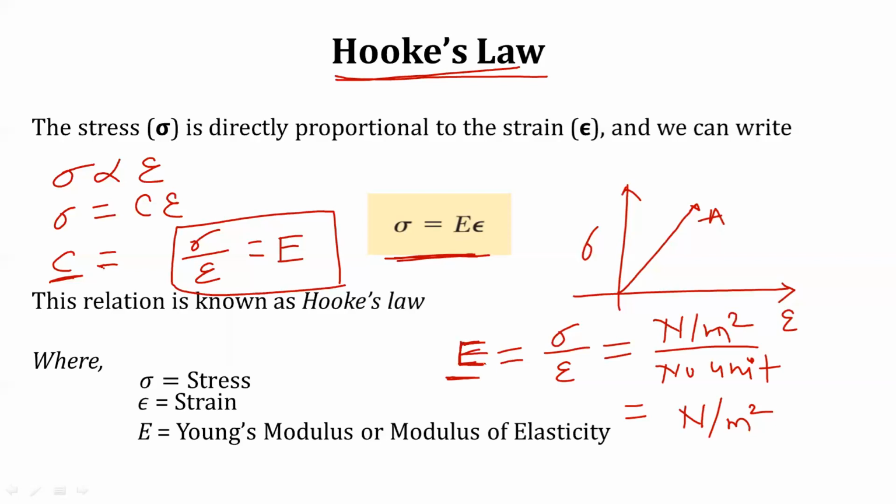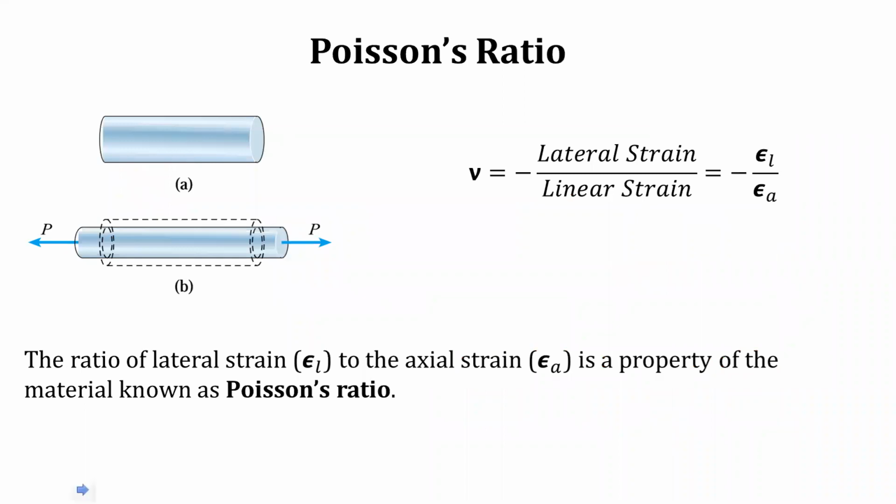For steel, it will be different. Whatever shape the material is in, for a specific material Young's modulus will be constant. That's why it is called a property of the material. We'll see some of the values of Young's modulus after this slide.